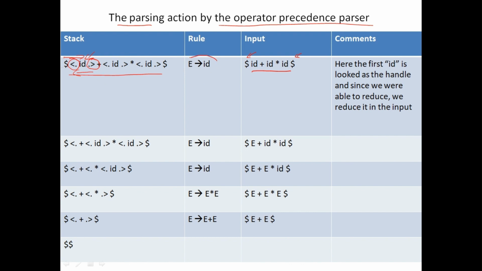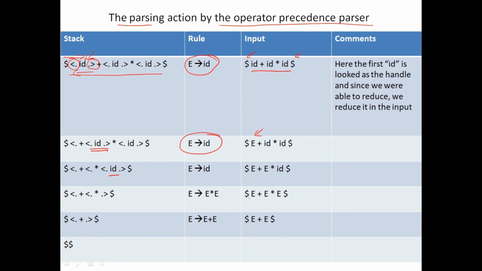The rule used to reduce is what? E is rewritten as id. Okay. So in this manner, this id is being replaced by E. Again, this id.